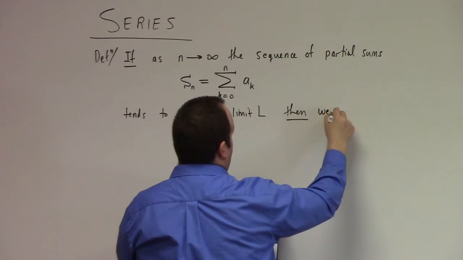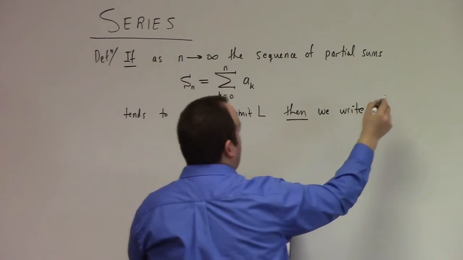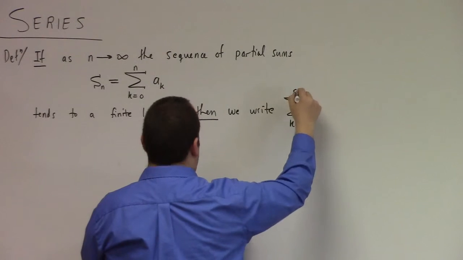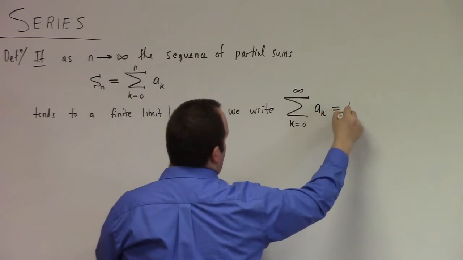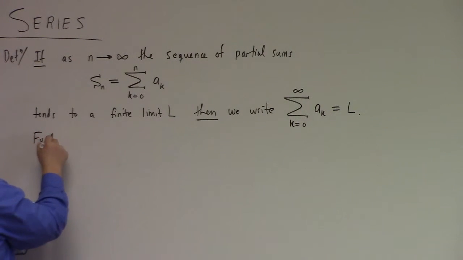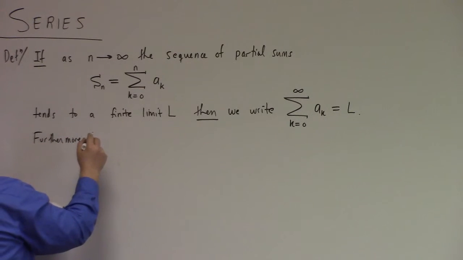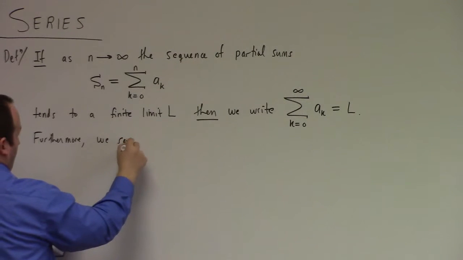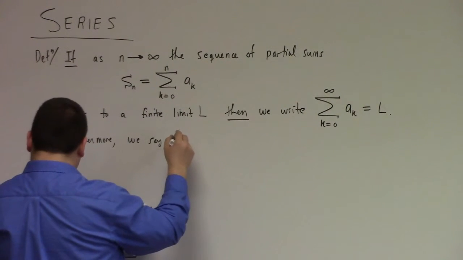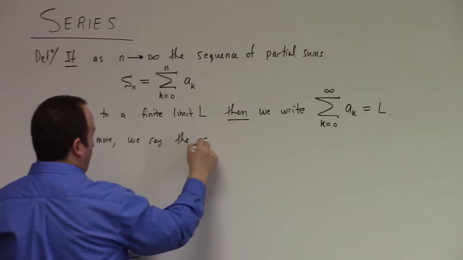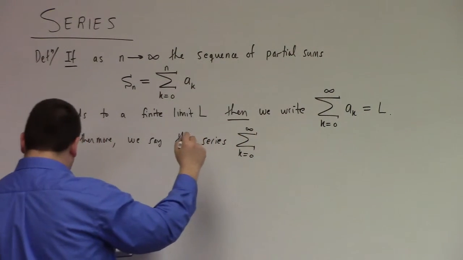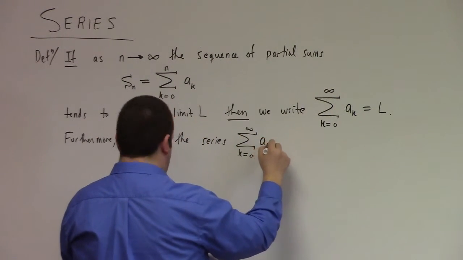We write the sum k equals 0 to infinity of a sub k is equal to L. Furthermore, we say, in this case, of course, the series sum k equals 0 to infinity of a sub k converges to L.